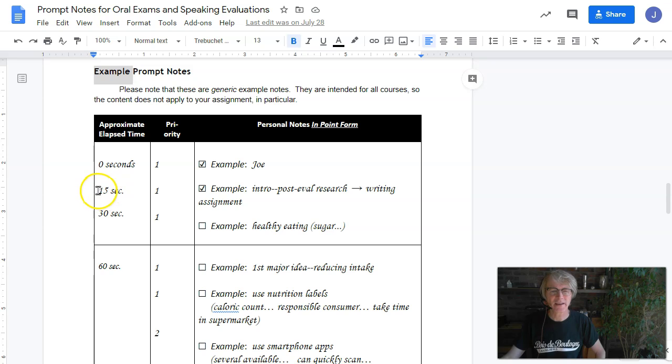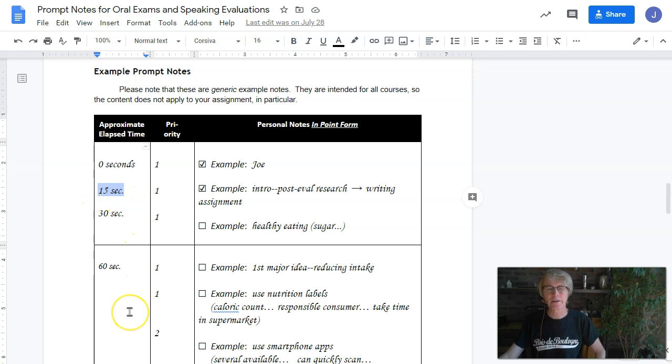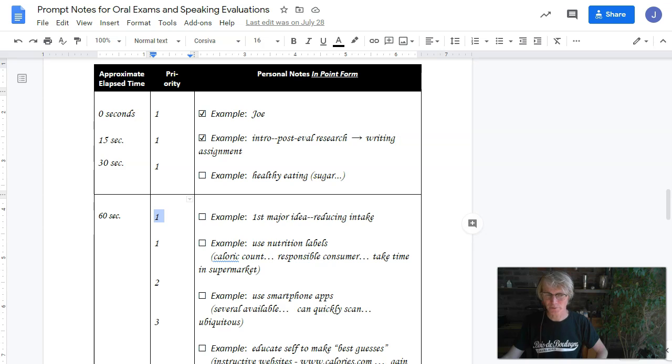Now, do you remember these times that we put here on the other page? These are the same things. And you remember these priorities that you see here? It's the same thing. So as you're presenting, you have this paper with you. I have yet to see a professional presentation where somebody said, no, you're not allowed to have any notes and you have to do it off by memory off the top of your head.